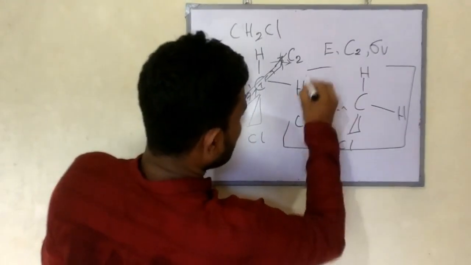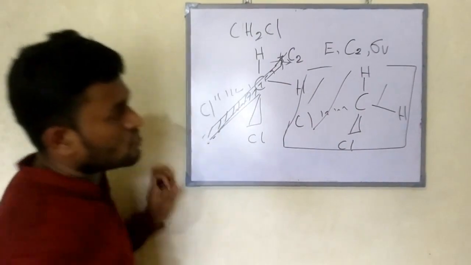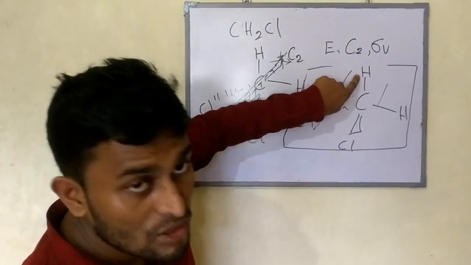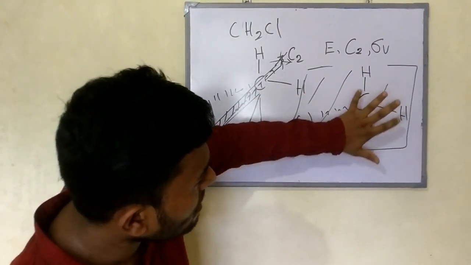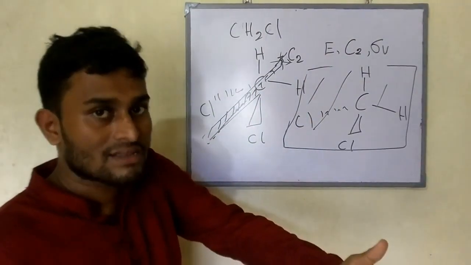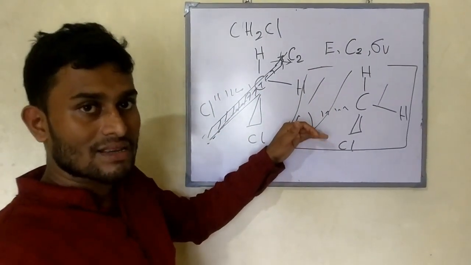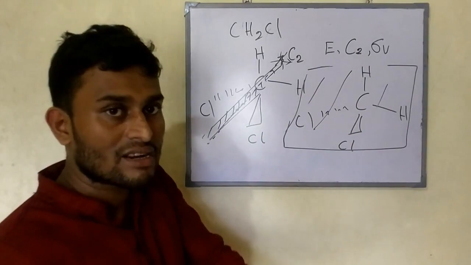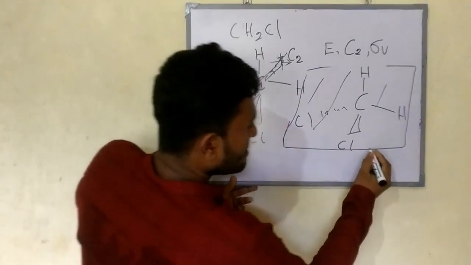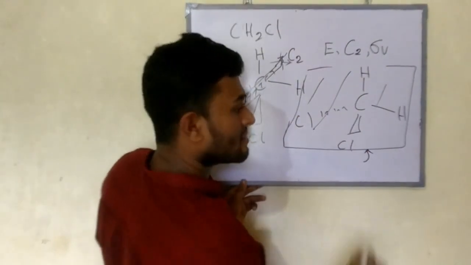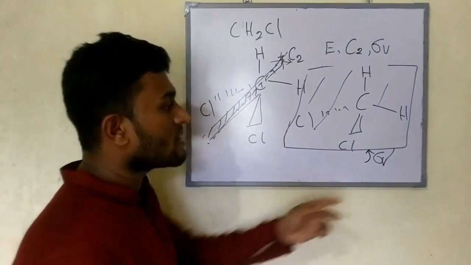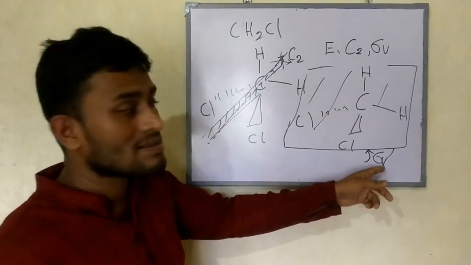So this plane cuts half of the hydrogen, here also half of the hydrogen, half of the carbon atom, that's all. And one Cl is outside, the other Cl is inside. So you can get two similar halves. So that is a somewhat different plane, called sigma V dash. Already we studied this sigma V dash.